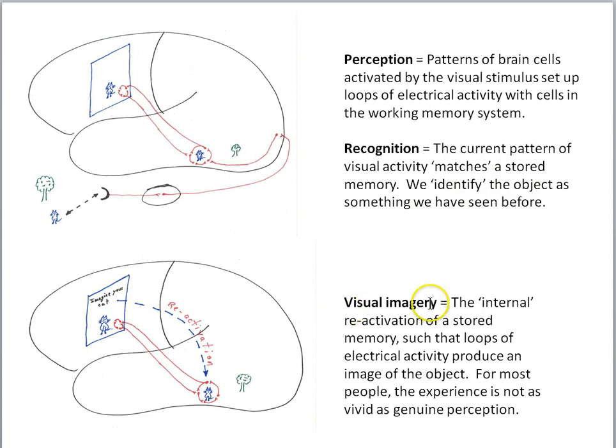And what about visual imagery? That would be the internal reactivation of a stored memory such that loops of electrical activity produce an image of the object. And for most people, the experience is not as vivid as genuine perception. Nevertheless, the idea is in all these cases we have loops of neural activity that provide the contents to working memory, and when those loops stop, then the contents disappear.